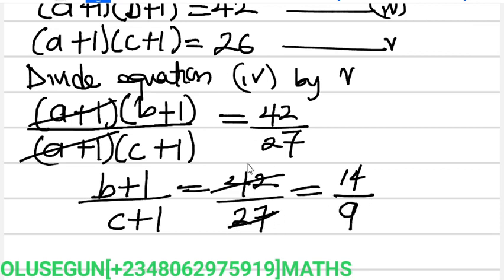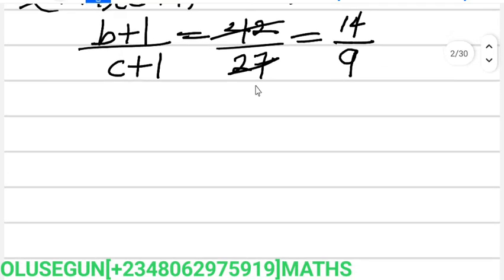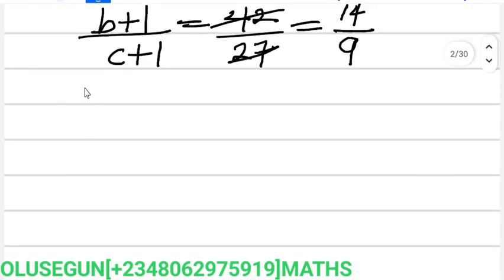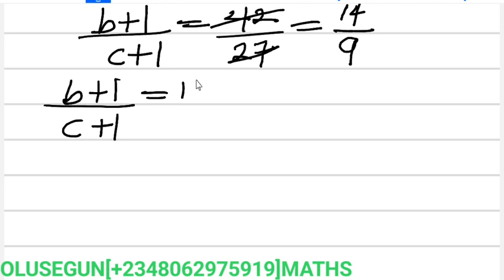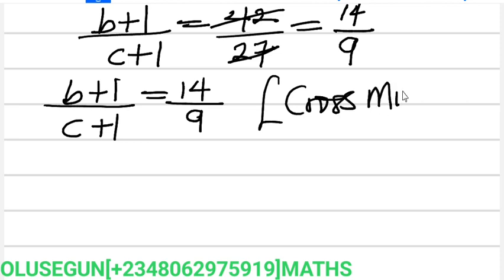So our new equation is b plus 1 over c plus 1 is equal to 14 over 9. Let's cross multiply.